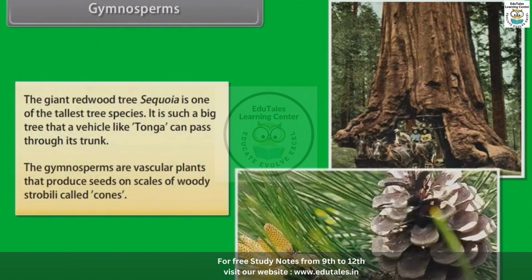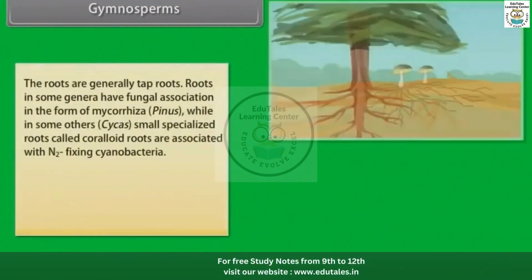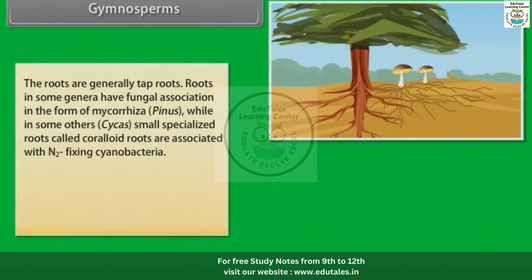The gymnosperms are vascular plants that produce seeds on scales of woody strobili called cones. The roots are generally taproots. Roots in some genera have fungal association in the form of mycorrhiza, as in Pinus, while in some others, like Cycas, small specialized roots called coralloid roots are associated with N2-fixing cyanobacteria.